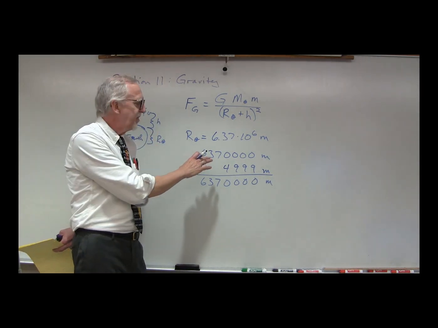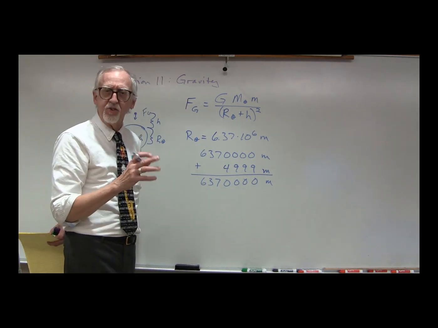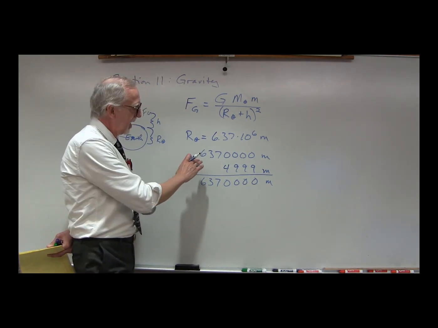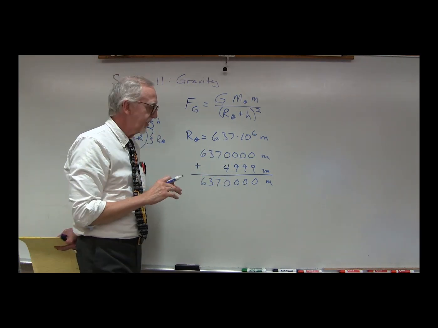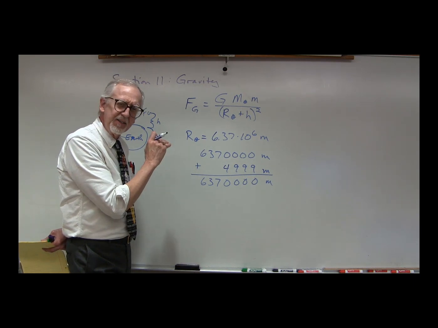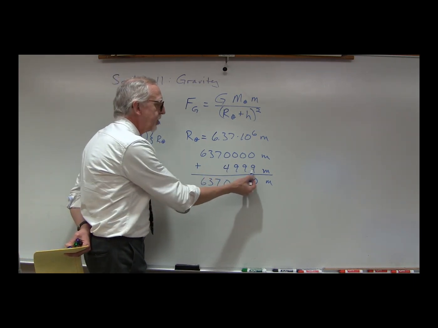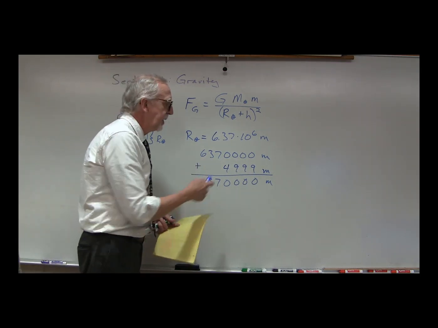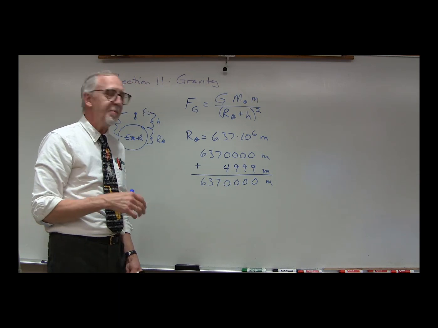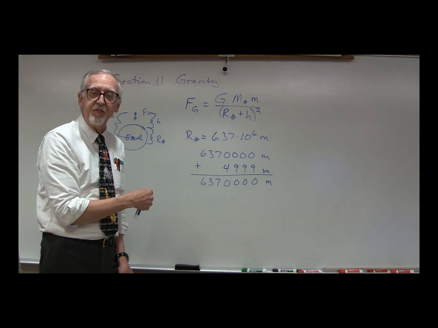Obviously, remember, significant figures are just kind of a rough rule of thumb as to the precision of numbers. So we're not really holding this to any definite number. But the basic idea is that h could be as large as about 5,000 meters. In other words, 5 kilometers, and adding that to the radius of the Earth, according to significant figures, would not change the value.